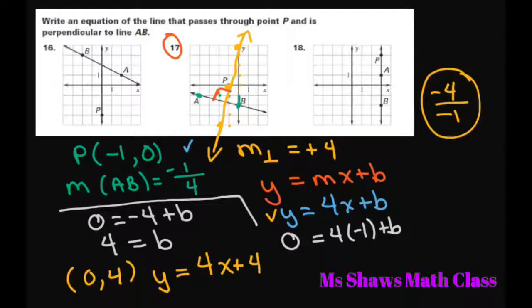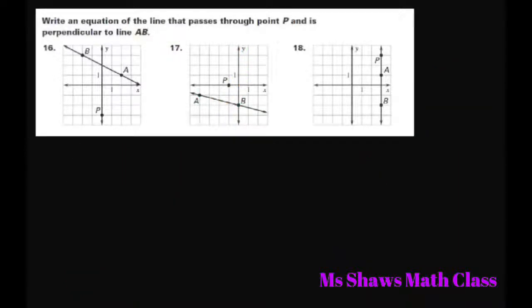Okay, and the last one's a little different. I'm going to write down my point P. Point P is 3, 3. The slope is undefined. So the slope is undefined for AB, the AB slope line.